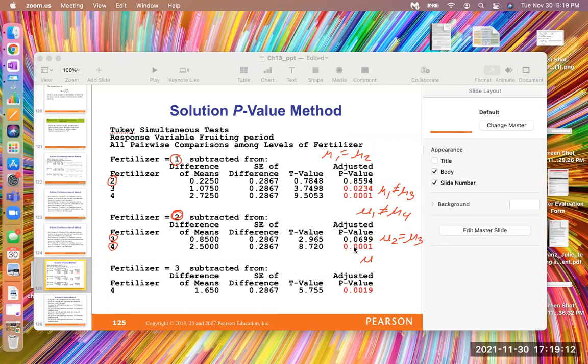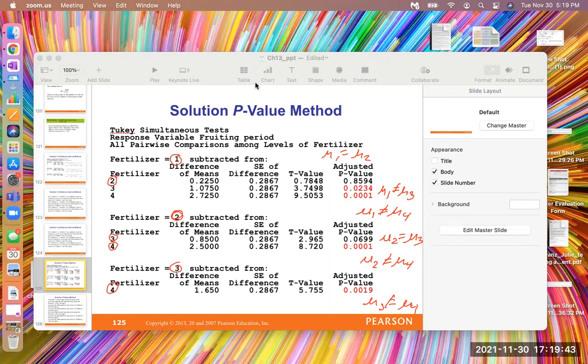So then we think the means are different. And then last but not least, we could use 3 to 4, the p-value is low, below 0.05, so we say those means are also different. So if the p-value is low, we say the means are different. If the p-value is high, we say the means are the same, right?